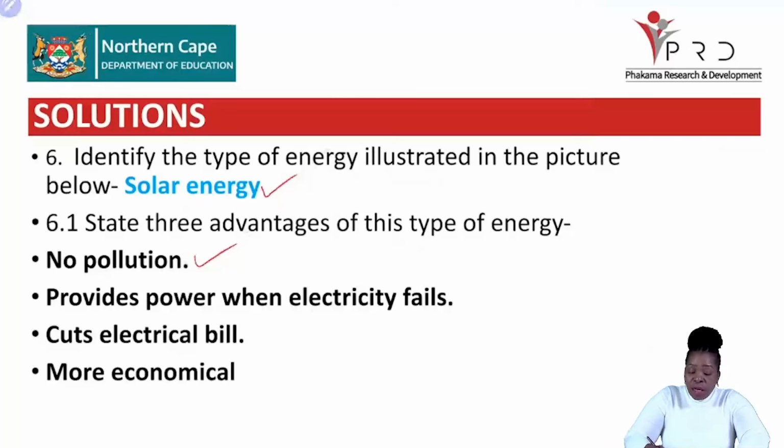Sometimes solar provides power when electricity fails, right? If we don't have electricity, then we can use our solar panels to get the electricity, right? It also cuts the electrical bill, right? Instead of paying the electrical bill, you can install solar energy.